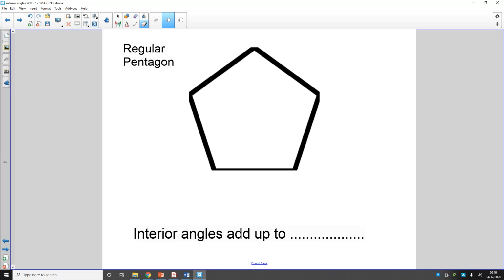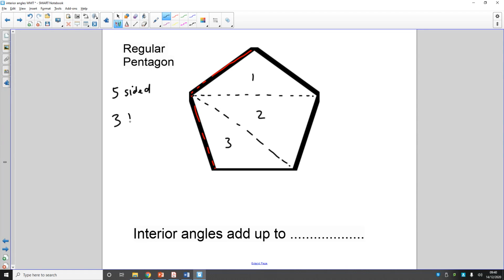Well, if we use the method I've just used for the four-sided shape, I'll pick a corner and join up the other corners. Well, what do I notice? First of all, I notice now that I've got three triangles. So for a five-sided shape, I can split it up into three triangles.